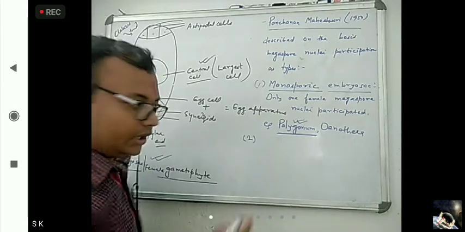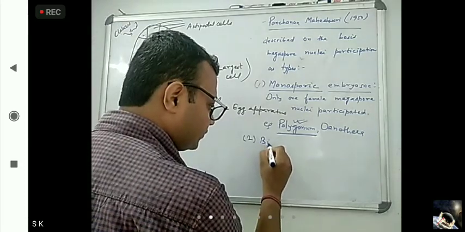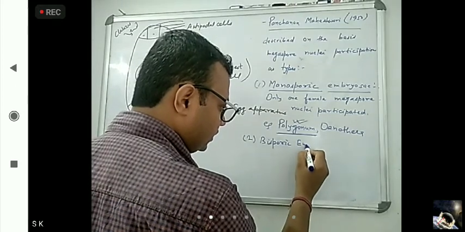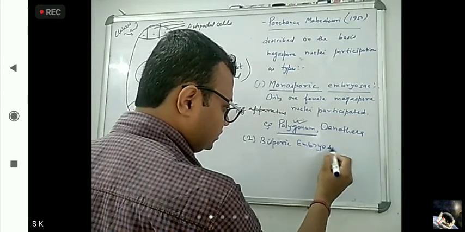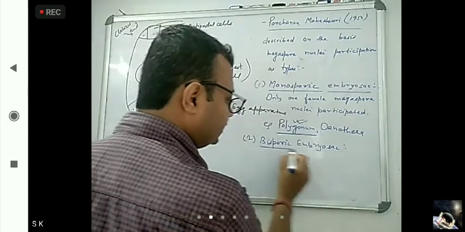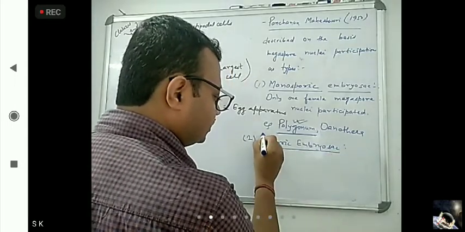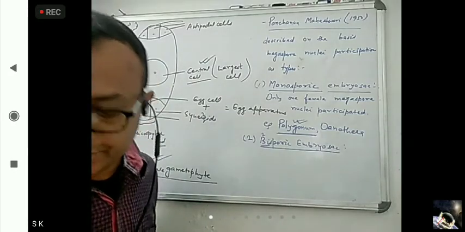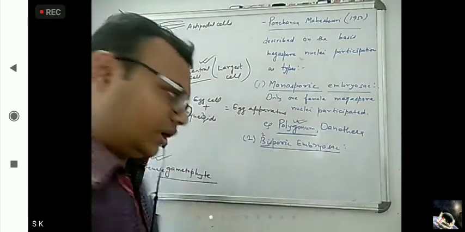The next type is bisporic embryo sac. As the name suggests, bi means two. So how many nuclei participate here? Two megaspore nuclei.